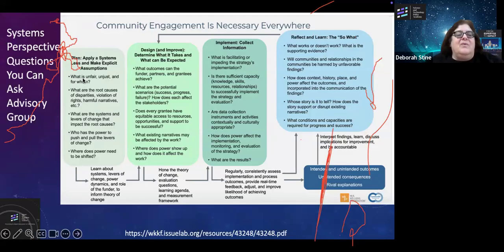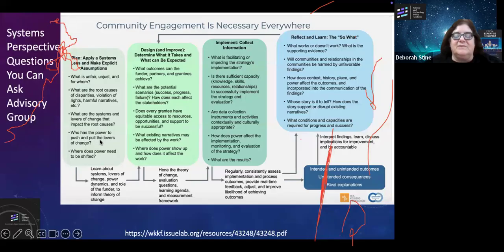For example, what is unfair and unjust, and for whom, on whatever topic you're working on? What are the root causes, the violation of rights, the harmful narratives? What's happening there? What are the systems and levers of change that can impact the root causes?